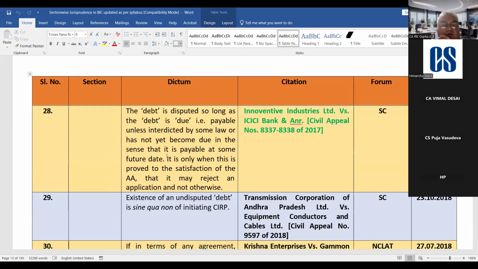It is only when this is proved to the satisfaction of the AA that it may reject an application and not otherwise. ठीक है? वो ये कहता है कि debt is disputed so long as the debt is due, that is payable, unless interdicted by some law or has not yet become due in the sense that it is payable at some future date. तो सबसे पहले तो जो डिस्प्यूट है वो हमारे को it has to be proved to the satisfaction of the adjudicating authority. So existence of an undisputed debt is sine qua non of initiating CIRP. ठीक है?